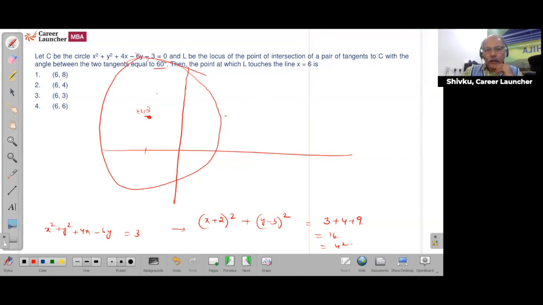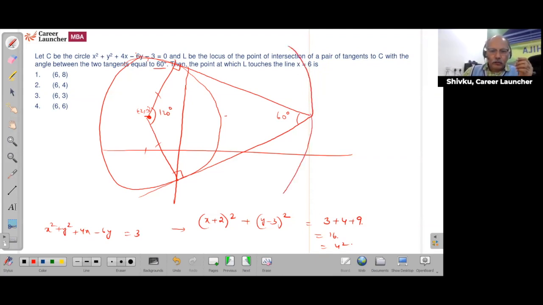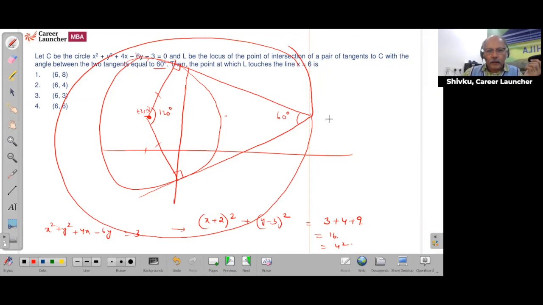So you will actually find that when two tangents make an angle of 60 degrees, because this angle is given, these two lengths are fixed, right? This angle is 60 degrees. So this has to always be equal to 120 degrees, right? So this is also going to be a circle. This locus means the path, right? The path that this point takes will always be a circle, right? And I want to know what is the farthest point.